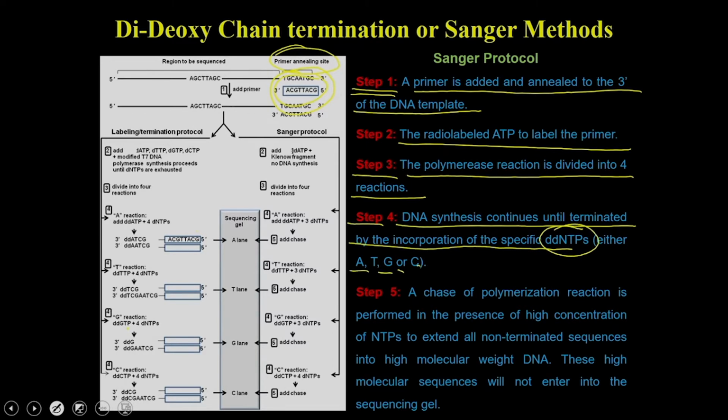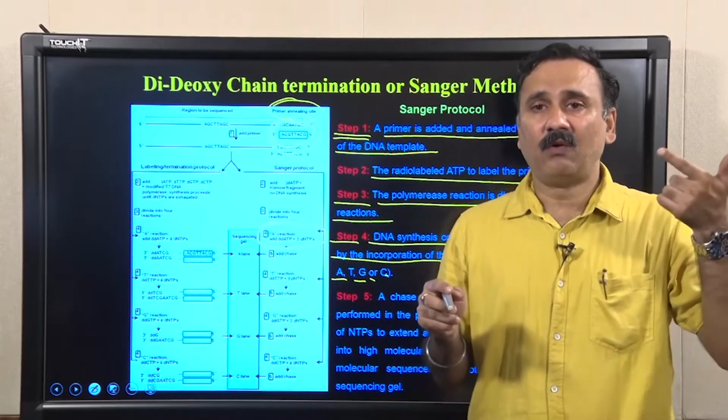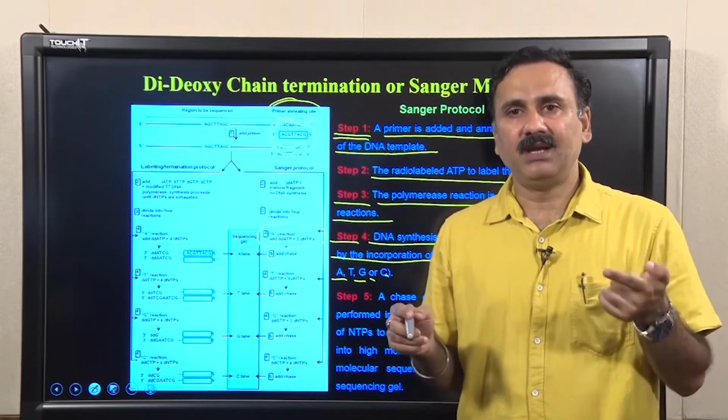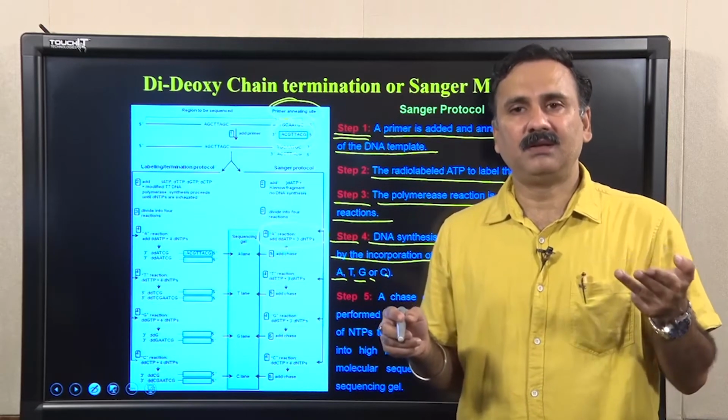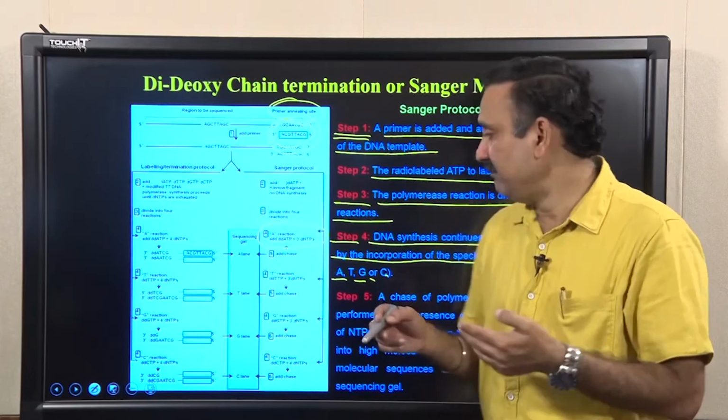So, in step 4 you are going to divide that into the 4 reactions. The first reaction is for the modified ddATP, the second is for the ddCTP, the third is for ddGTP, and the fourth for ddTTP.